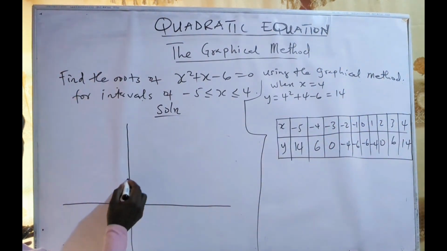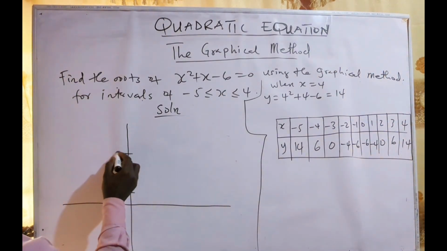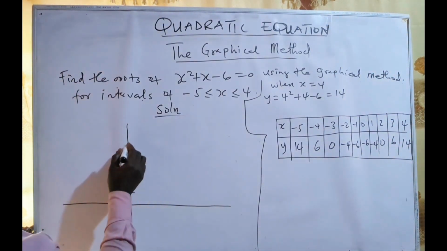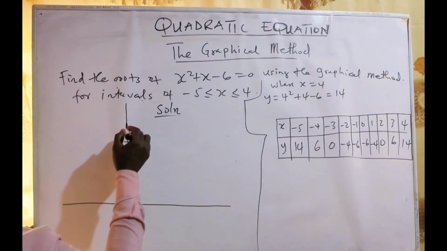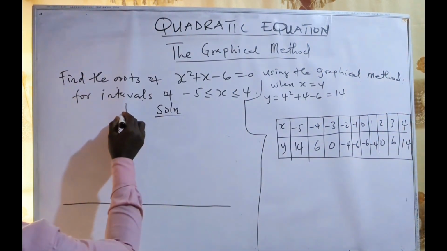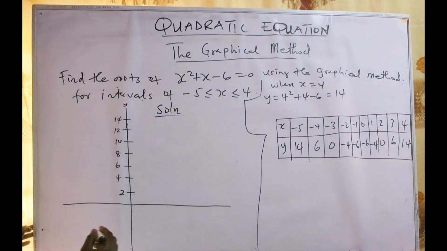So 2, 4, 6, 8, 10, 12, and 14. That is what we have on our y axis here.